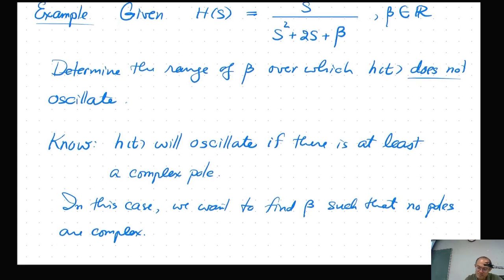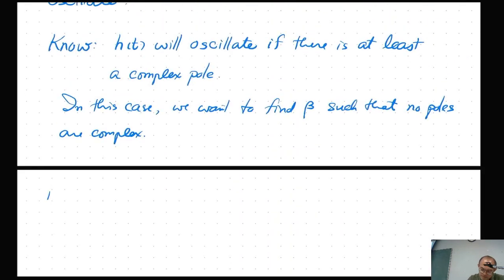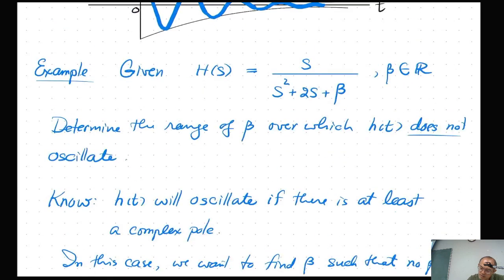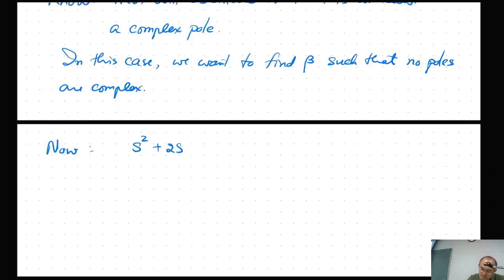So let's find the poles. Now, s squared plus 2s plus beta. How do we find the poles of this? One way is to write it like this, and beta minus 1 has to be positive.